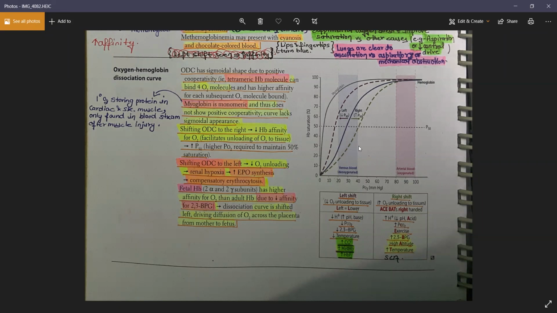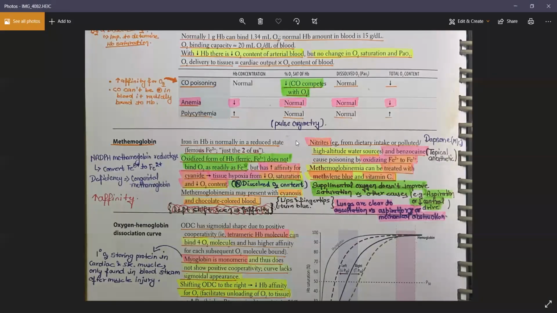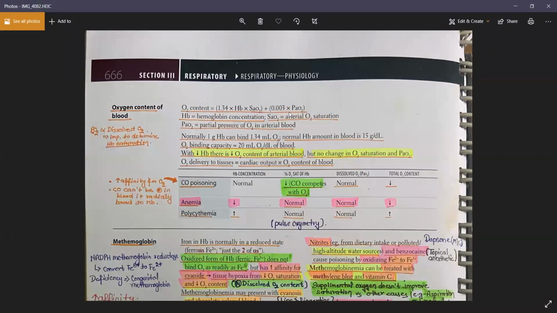Shifting this curve, you have a P50 value. That means the partial pressure of the oxygen at which the hemoglobin is 50% saturated. Although we don't have to measure this PaO2 very often, you will use this PaO2 to find the saturation of the hemoglobin, right?